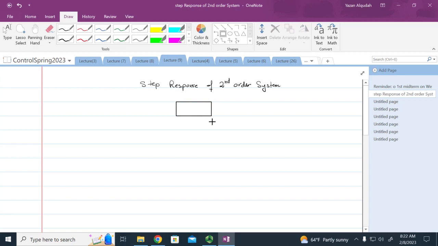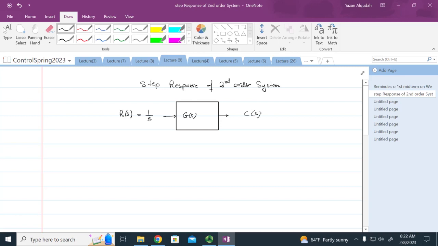Similar to how we've done with the first order system, we're going to apply R of S equal to 1 over S, and we're going to look at C of S.